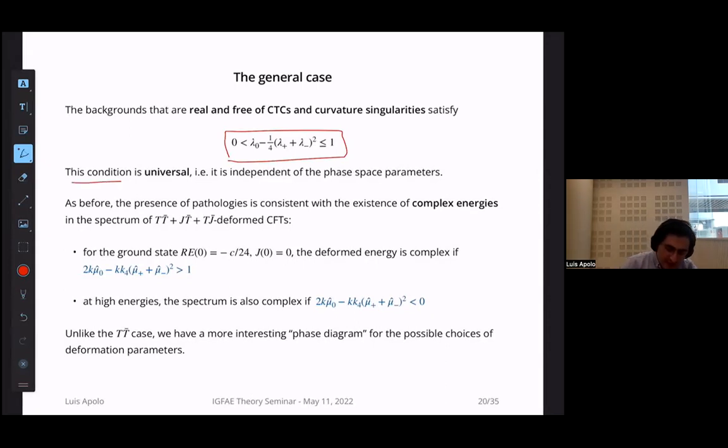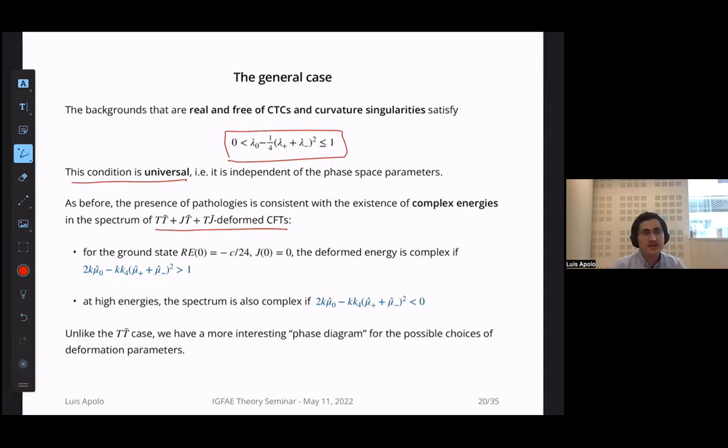It's worth noting that this condition is universal, so it does not depend on the phase space parameters. It doesn't depend on the solution, so it's really telling us something about the dual theory. And indeed, you find that in TTbar plus JTbar plus TJbar deformed CFTs, the spectrum becomes complex at either high energies or for the ground state if either one of these conditions is violated.